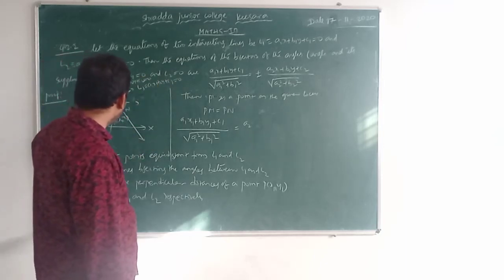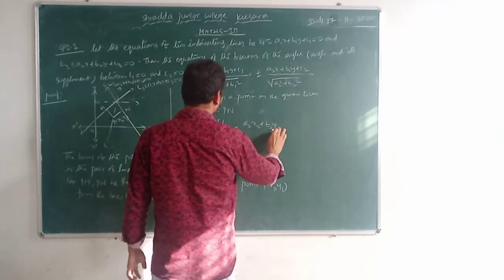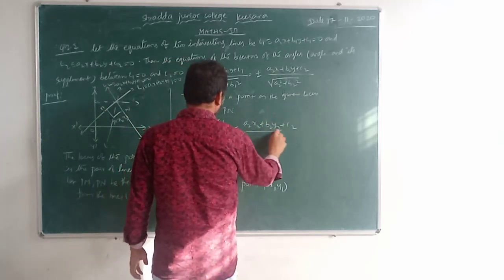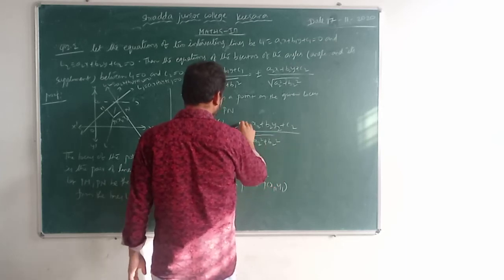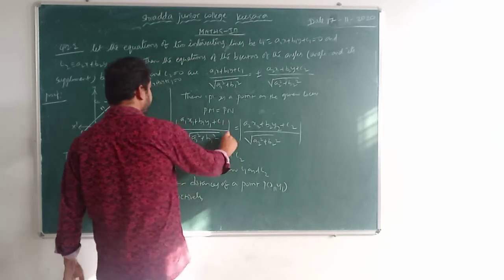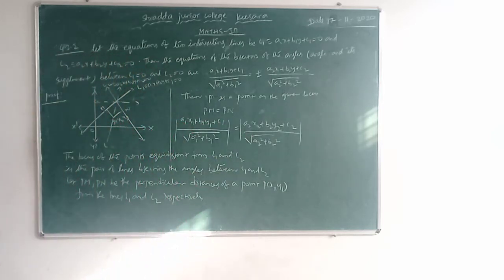What is PN here? Now that is A2 x2 plus B2 y2 plus C2 by square root of A2 square plus B2 square. So now this is the length of the perpendicular distance from the point to the line.